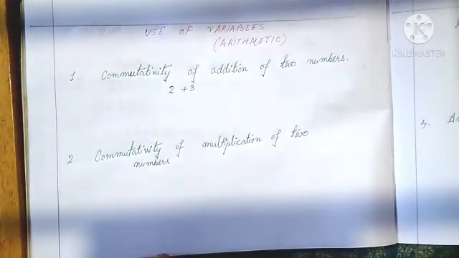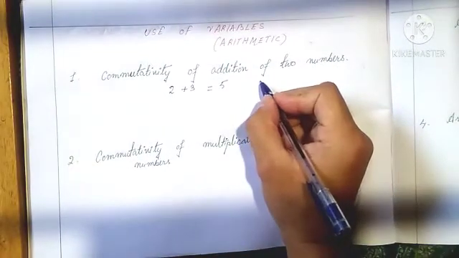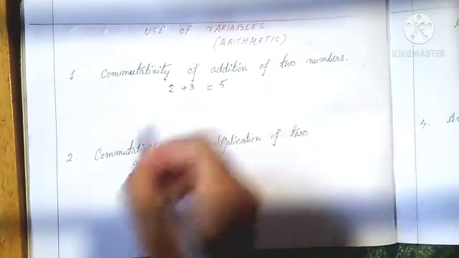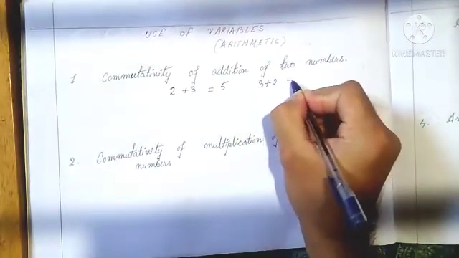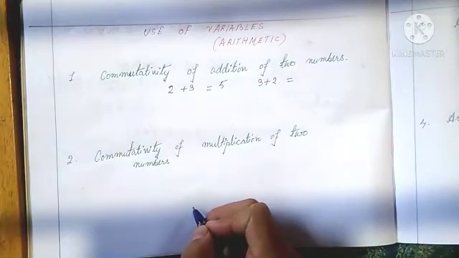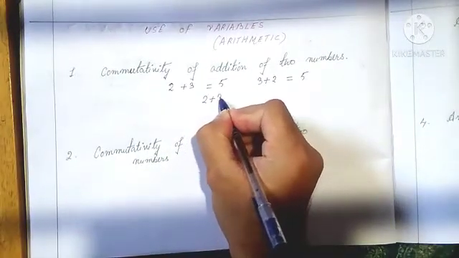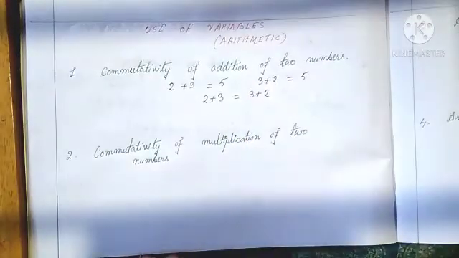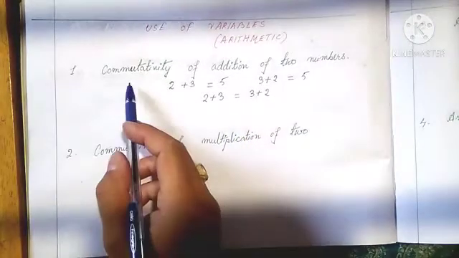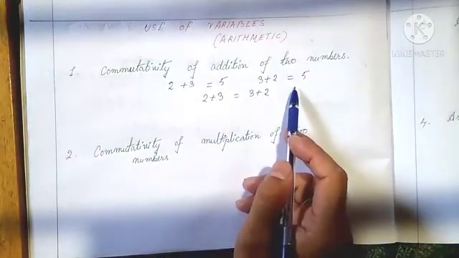The sum of 2 and 3 is 5. Now let's interchange the order, 3 plus 2. What is the result? It is still the same, 5. So the sum of 2 plus 3 equals the sum of 3 and 2. This is what is meant by commutativity of addition of two numbers. The result of the sum of two numbers will be the same irrespective of their order.